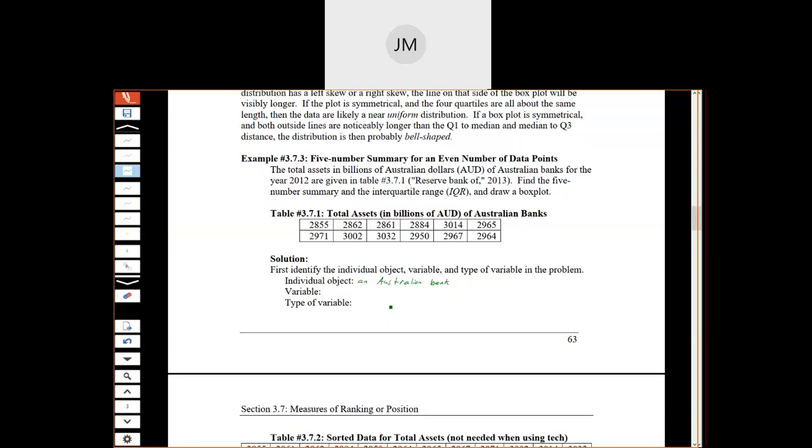The variable, the piece of information that we're recording, is total assets, measured in billions of Australian dollars. What type of variable is that? I can look at the data and see that these are numbers, so this is numeric. If I'm measuring assets in billions of dollars, that's numeric data. So this is quantitative.